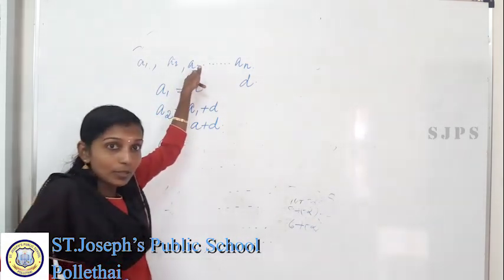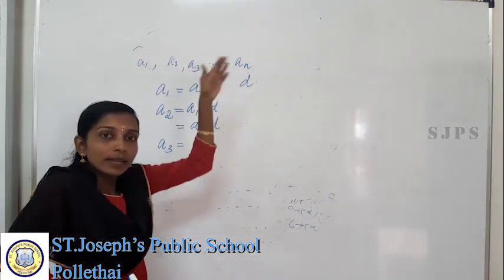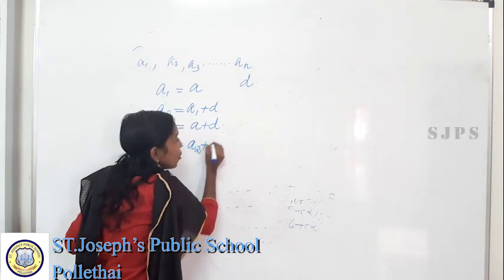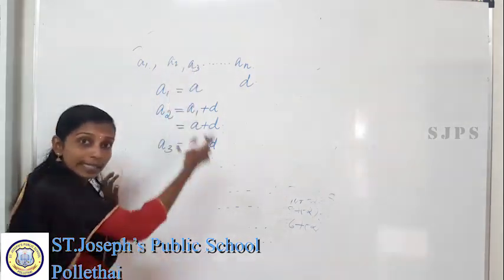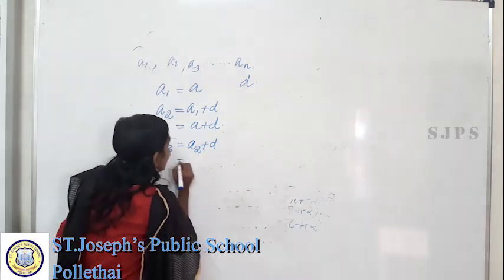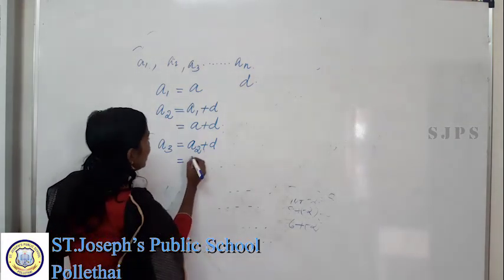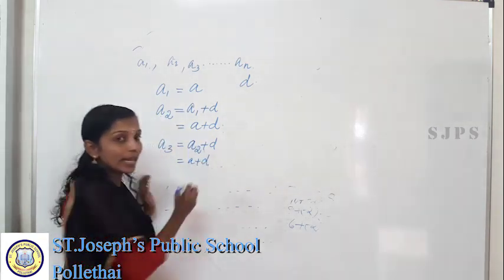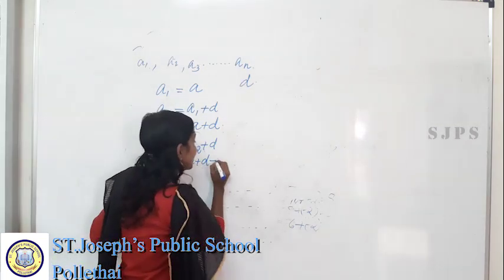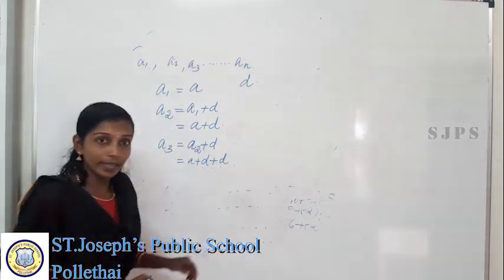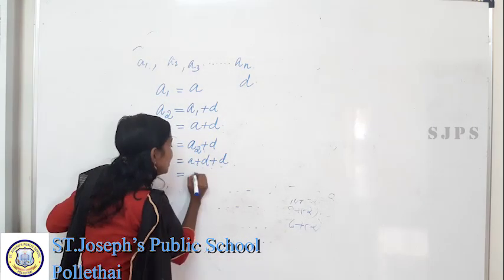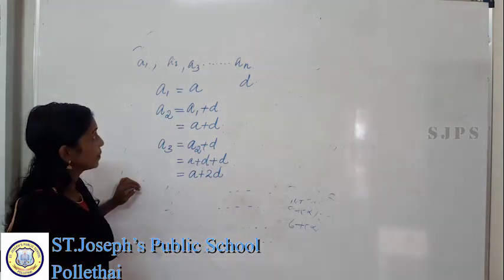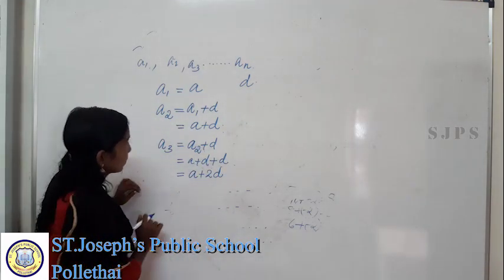A3 is equal to A2 plus D. The preceding number plus the common difference gives the succeeding number. A2 is A plus D, so substitute that value: A plus D plus D, that is equal to A plus 2D.